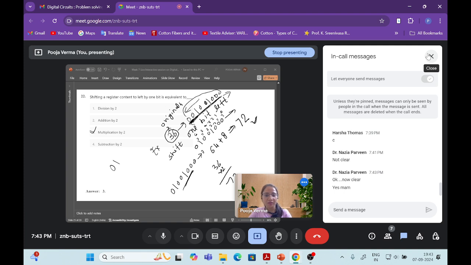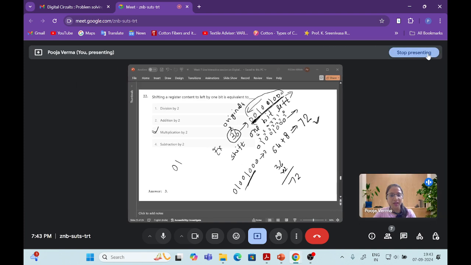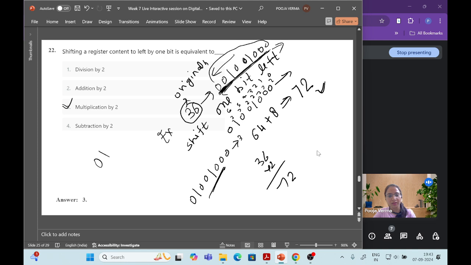Then check by converting the binary to decimal, and you will get whether it is multiplication by 2 or division by 2. Similarly, if you shift the bits to the right, check what value you will get, whether it is a division, multiplication, addition or subtraction. You can check that one also.